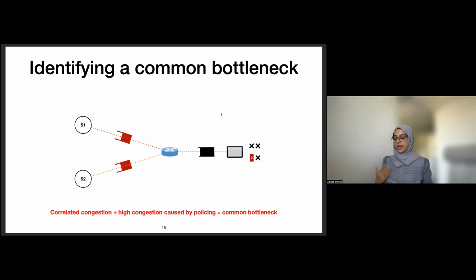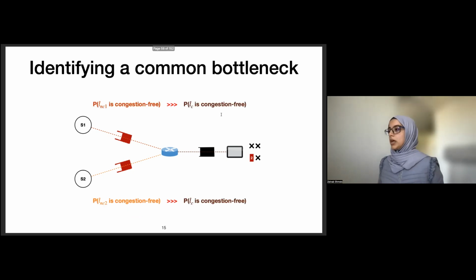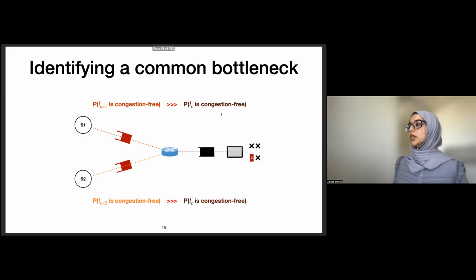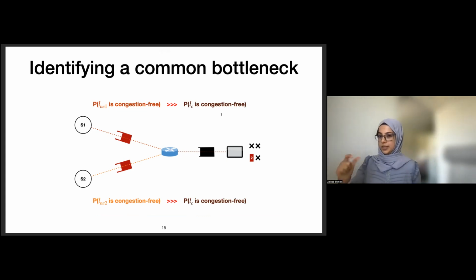So how do we identify a common bottleneck? The logic is as follows. If the brown part is the bottleneck, the brown part needs to be more often congested than the other parts. And that's what we use, but we reverse it a little bit.